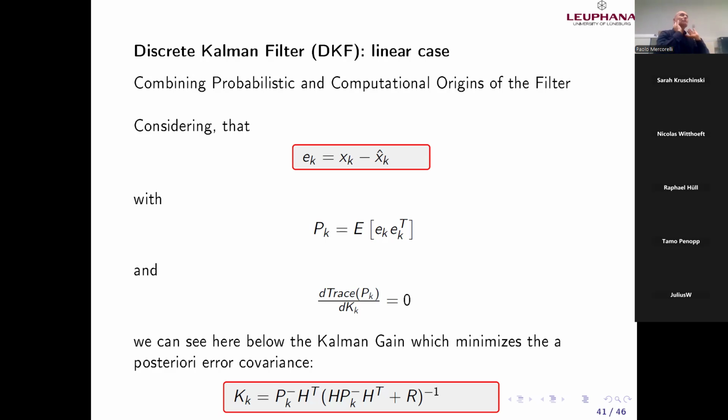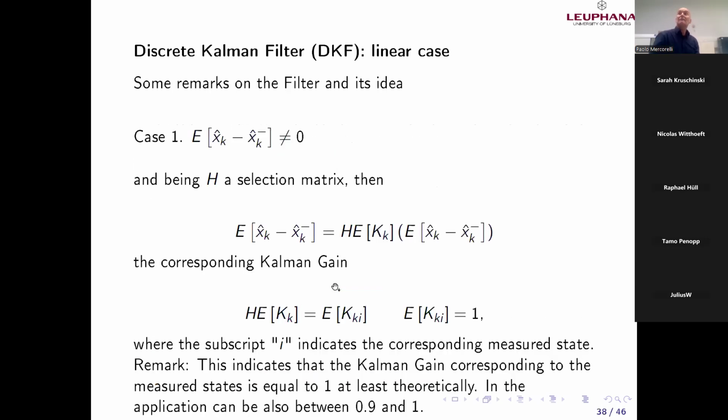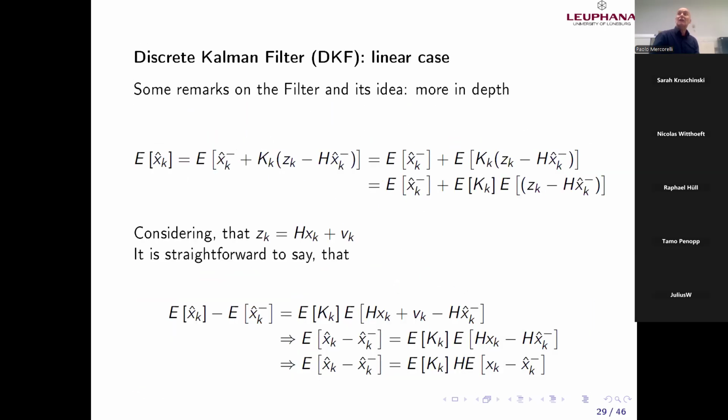But anyway, just to sketch the concept, if you do these calculations, I show you in the book, you don't have to learn them. Here, the trace is the sum of the diagonal elements. The diagonal elements are squared. I don't know if you remember the definition here.